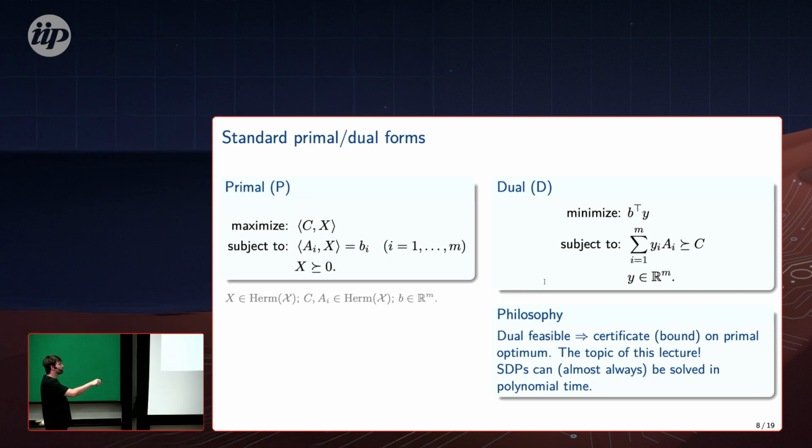So these are real numbers, these are matrices, okay? So this is all just a bunch of scalar products, right? So in principle, you don't have any matrix structure showing up because this is just like inner products. And then the constraint that makes it look more interesting is this positivity constraint. So we're only optimizing over matrices that are positive semi-definite.